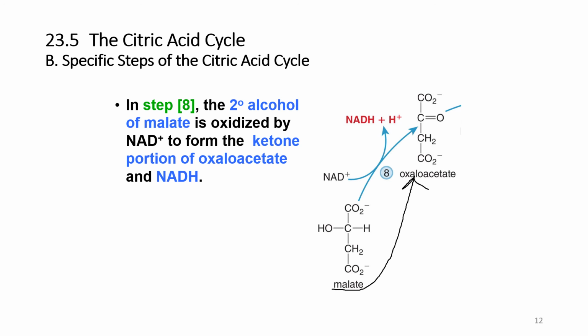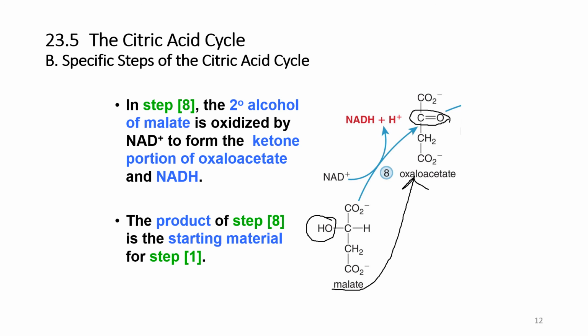So two things are required, oxaloacetate and acetyl-CoA. So that secondary alcohol of malate is oxidized by NAD+, which of course itself is reduced, to form the ketone portion of oxaloacetate. And again, the product is the regeneration of that sparking compound. So this cycle can start all over again.